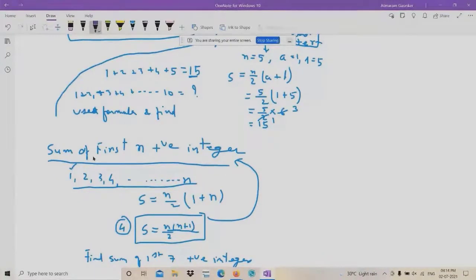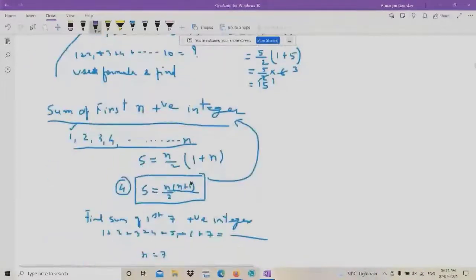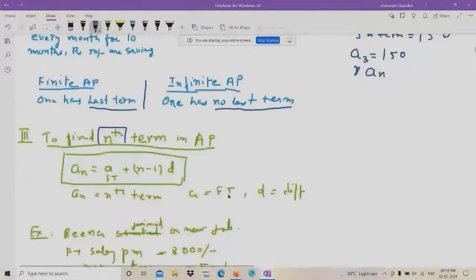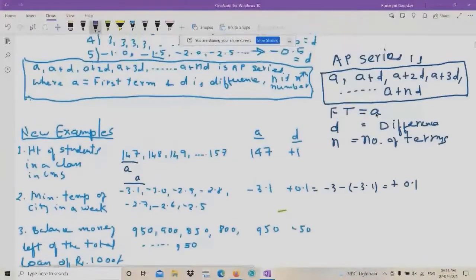So if you want to find the sum of the first n positive integers, then use this formula directly. Such problems are asked in the examination. So now we have discussed these formulas for sum. These are the three formulas for sum, and then this is one more formula for the sum of the first n positive integers. And apart from that, we have discussed the formula for the nth term, and the formula for the arithmetic progression series.